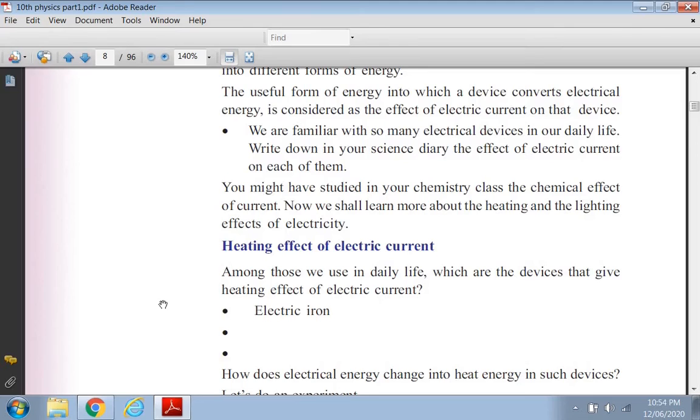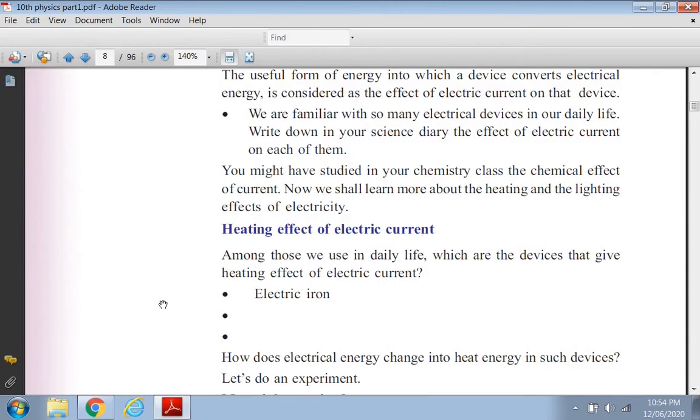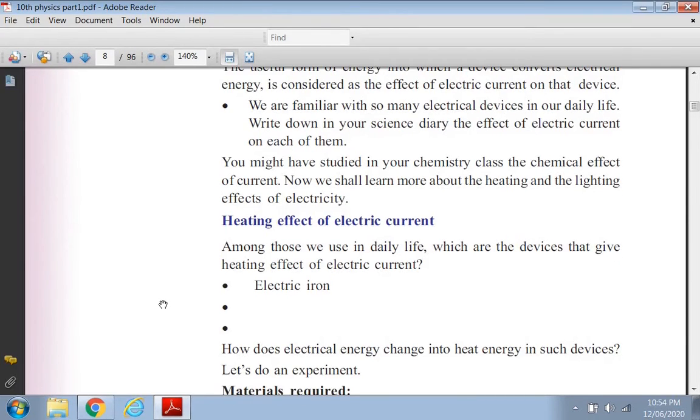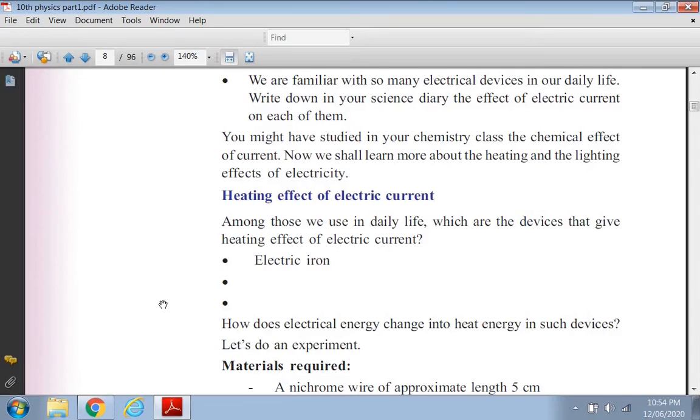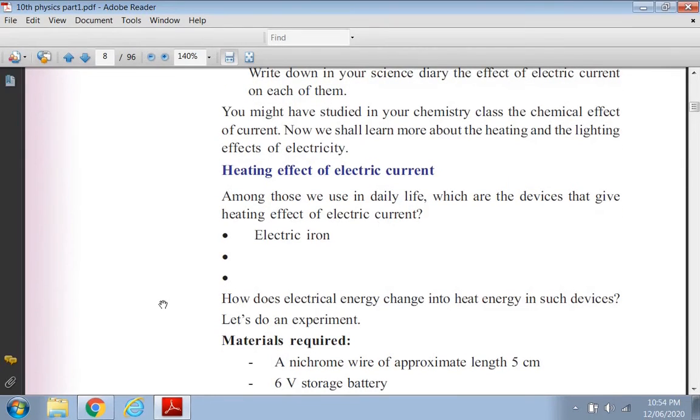Some of the devices are electric iron, electric heater, induction cooker, soldering iron, stove, etc. In all these electrical devices, electrical energy converts to heat energy.